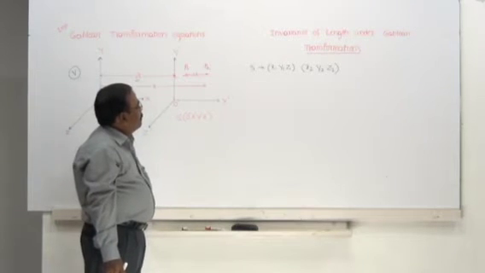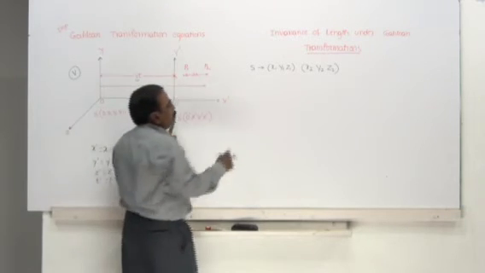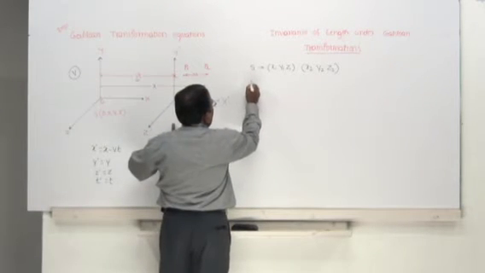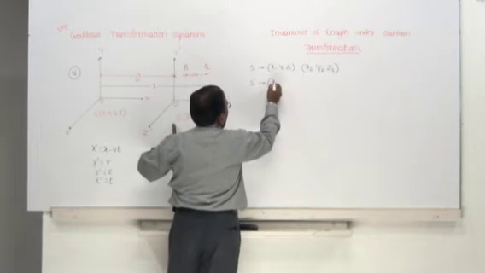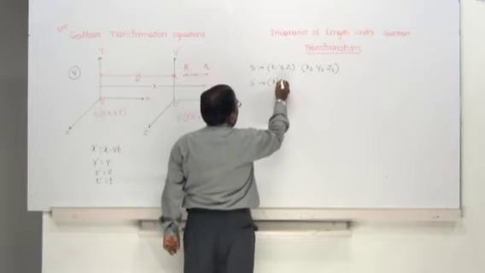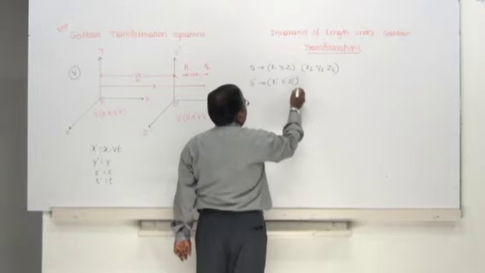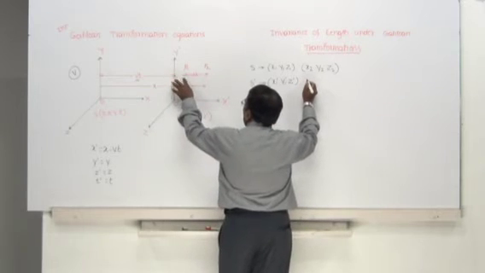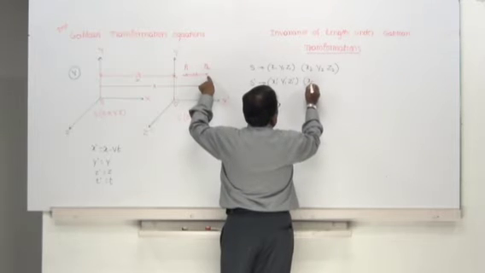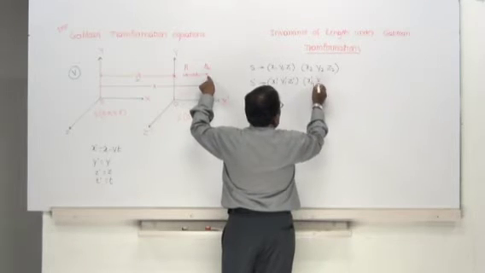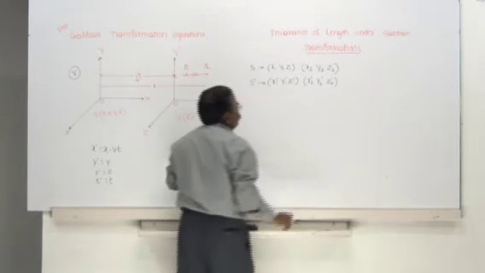Then for S dash frame, what I write: x1 dash, y1 dash, z1 dash. This is for P1, and similarly for another point, it is x2 dash, y2 dash, and z2 dash.